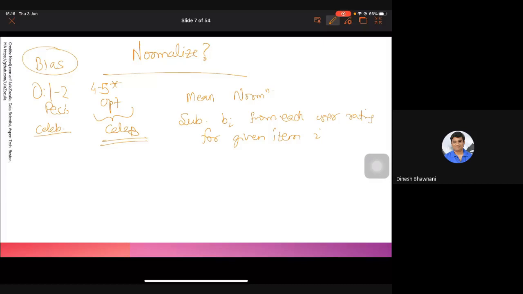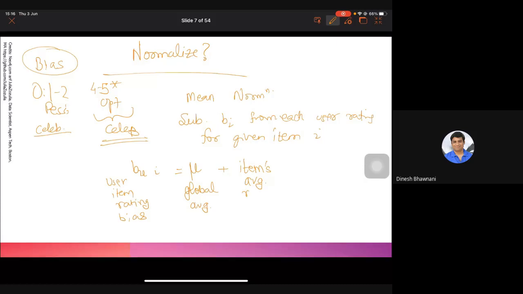So what does that equation feel like? b_ui, this is the user item rating bias. Then what does that depend on? So what is the global average? And the item's own average rating. See, if something is inherently useful, then a large number of people will say it is useful, right?